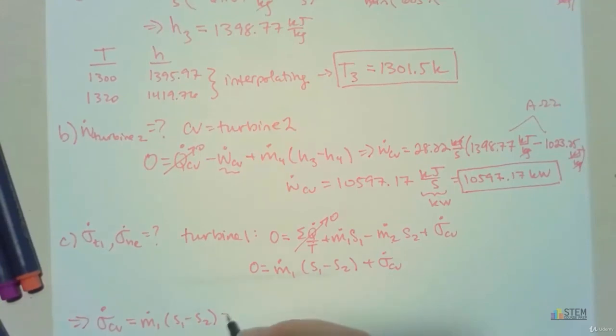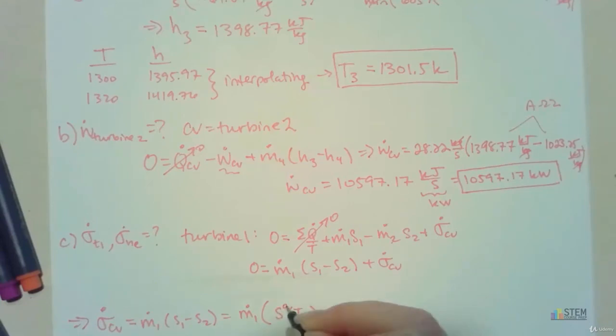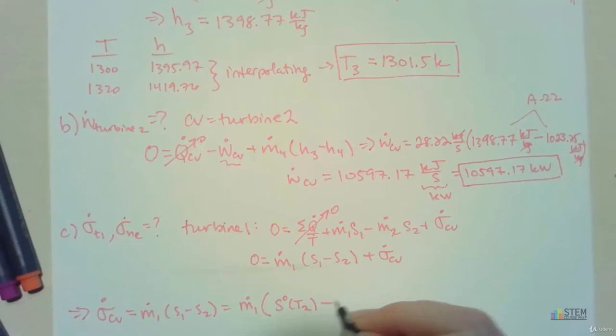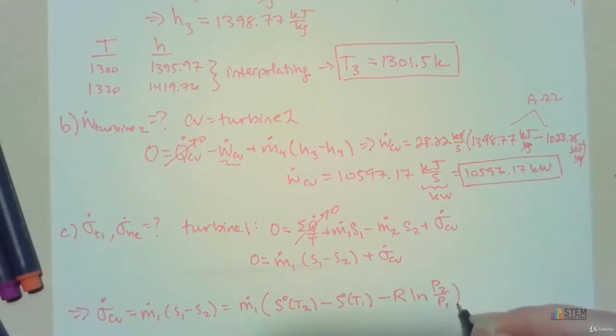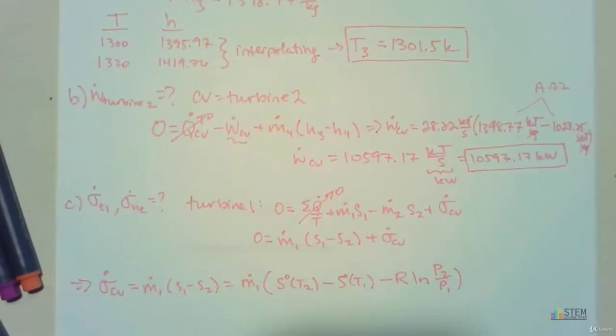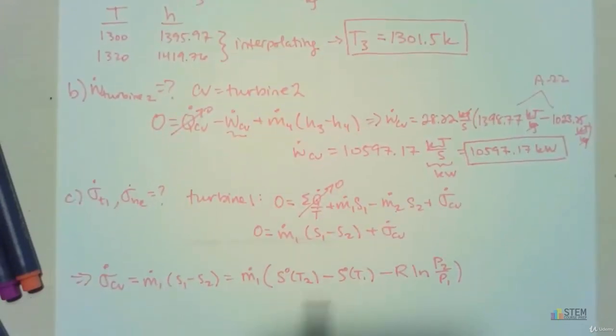And we know, since we have an ideal gas, that we can set that equal to m1 dot times the s degree at T2 minus s degree T1 minus R times the natural log of P2 over P1. And we're going to do this because we weren't told anything about specific heats. All right, we don't know anything about it, so we'll use this equation here because of that reason.